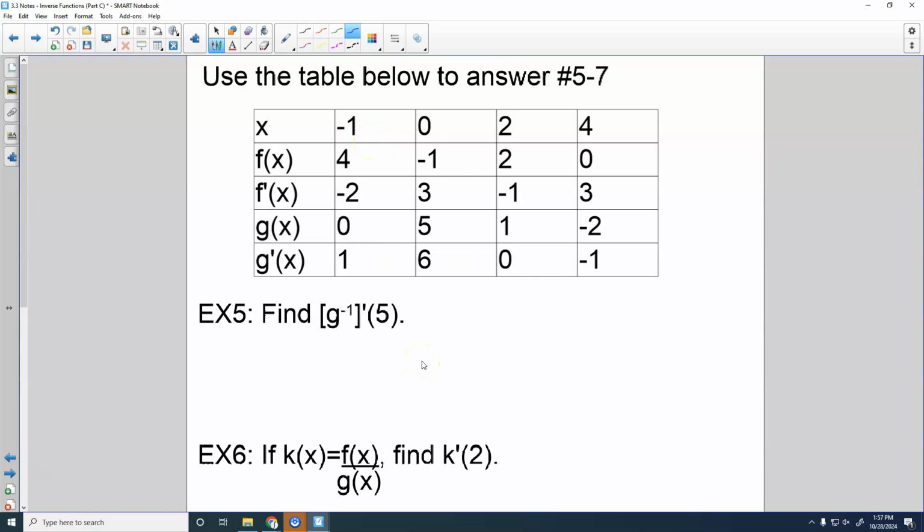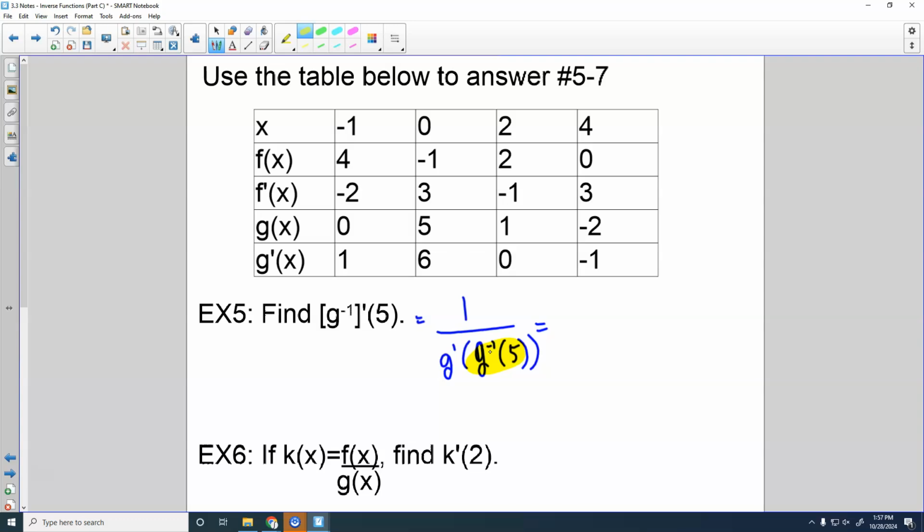So if I want to do number 5, I'm finding g inverse prime of 5, which is going to be 1 over g prime of g inverse of 5. And so I'm looking for g inverse of 5 first.